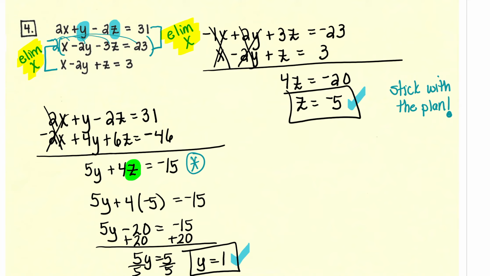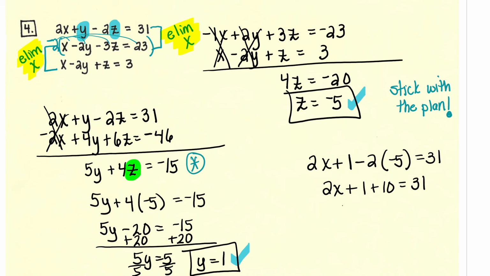And so then I'm going to have 2x plus 1 for y minus 2 times z, which is negative 5, equals 31. So 2x plus 1 plus 10 is equal to 31. Put your like terms together. 2x plus 11 is equal to 31.